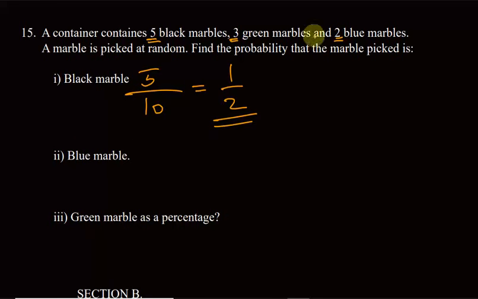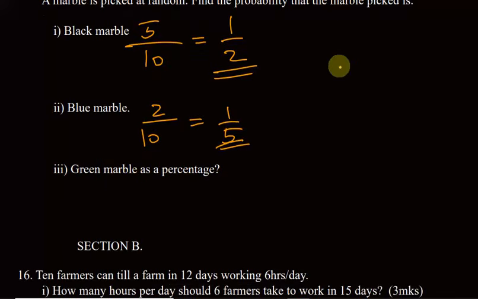Roman 2, blue marble. Blue marble is here. It is 2. So we put 2 divided by the total, which is 10, which is 2 over 10. When we simplify, it will be 1 over 5. That is the answer. Then the last part, green marble as a percentage.